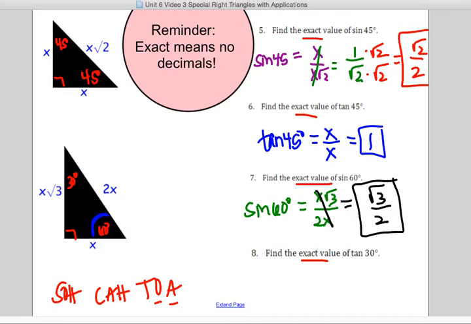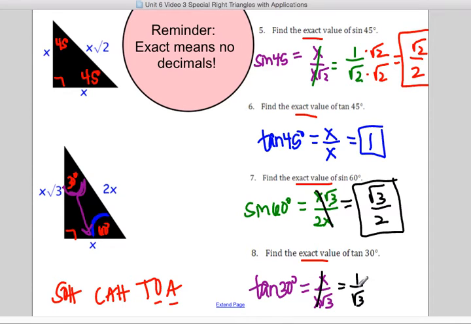Now I only have one more to do. I need to find tangent of 30 degrees. So now I'm looking at this angle. Tangent's opposite over adjacent. My opposite is x over my adjacent, which is x square root of 3. I notice my x's cancel, so I have 1 over square root of 3.